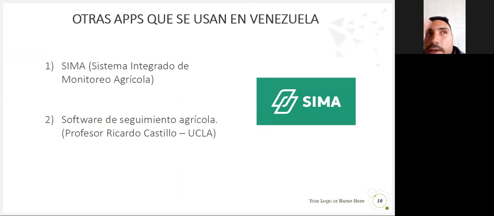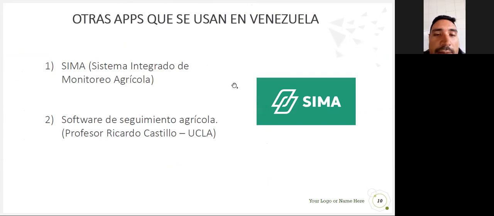We use in Venezuela right now about four apps with these remote sensors and satellite images, like CIMA from Argentina. Two of these apps are made in Venezuela.